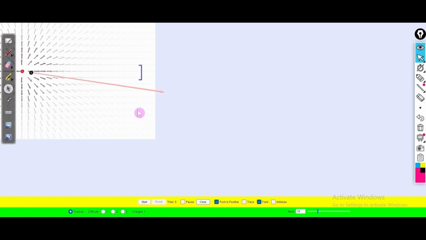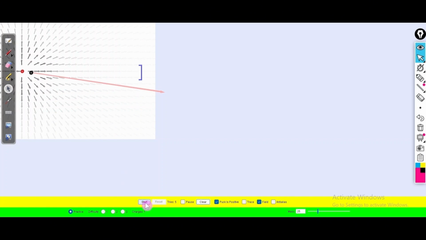Actually, this is the region up to which these arrows extend. So here, if I start this simulation, there will be a force of repulsion between these two charges, as this is a positive charge and this is a positive charge. These like charges will repel each other.